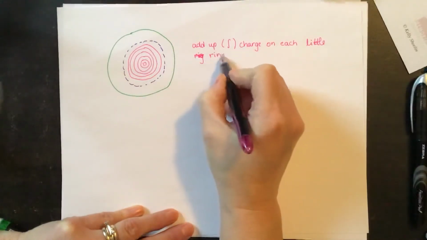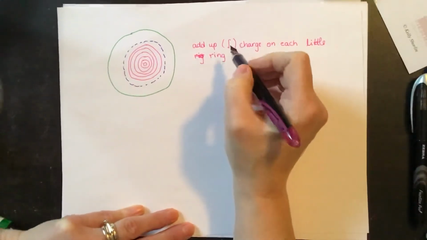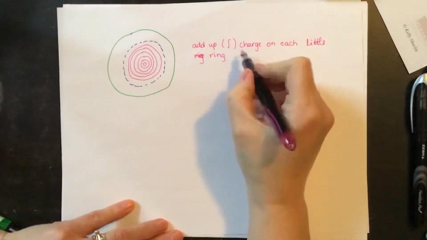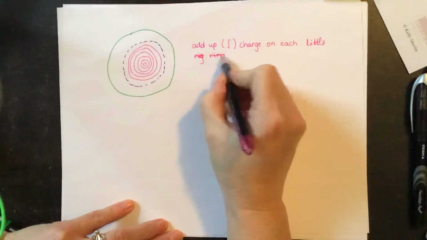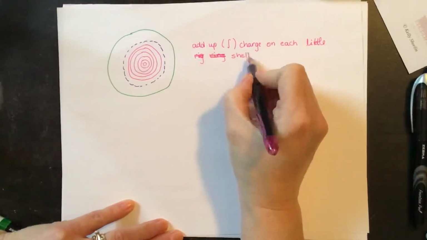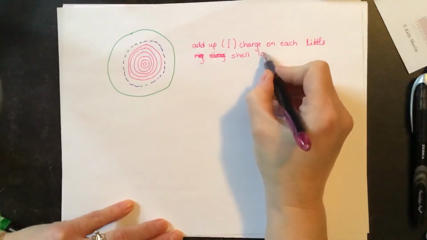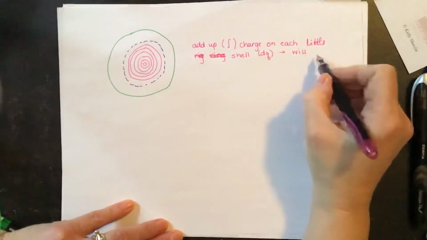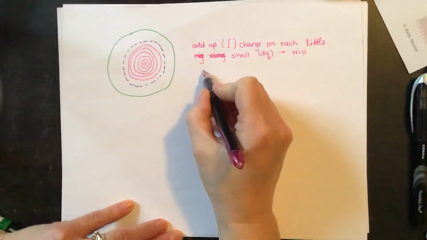We have a three-dimensional construct, so that little ring is actually a shell. So it's not just a ring, but it's an actual shell. On each little shell, that amount of charge is going to be dq, and we'll get the total charge inside the Gaussian surface.